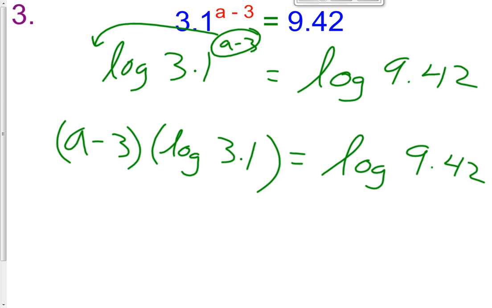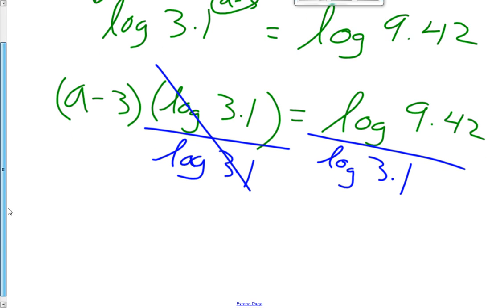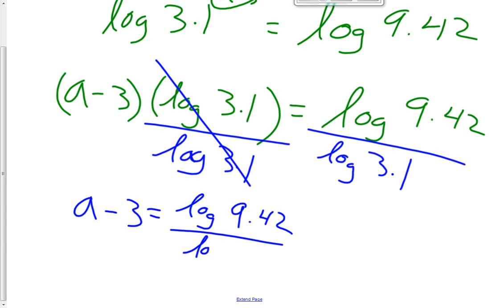Let's divide both sides here by the log of 3.1, and that'll take care of that. Divided by the log of 3.1. So I'm going to get a decimal answer. I'm just going to leave it like this for a moment. A minus 3 equals the log of 9.42 divided by the log of 3.1.